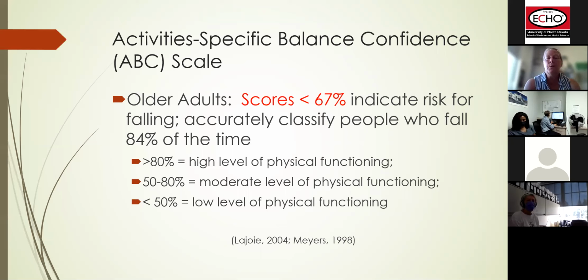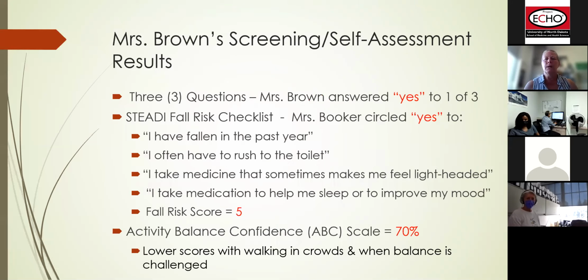If somebody scores more than 80%, they're usually at a very high level of functioning, 50 to 80% moderate. And if they are less than 50%, they're usually at a low level of physical functioning. So our cutoff score for fall risk would be those that score less than 67%. Don't worry if people don't score 100%; you usually want to see them at about 80% or higher.